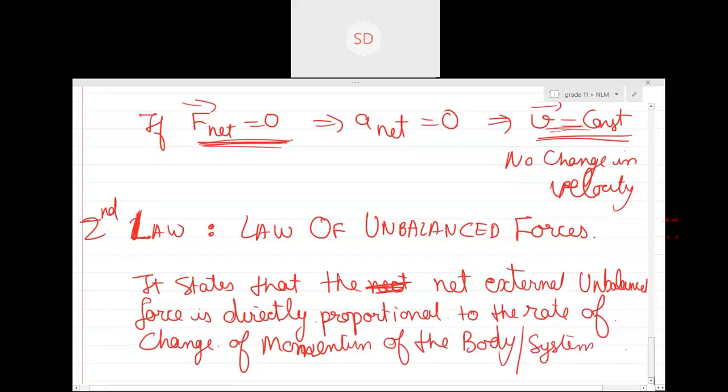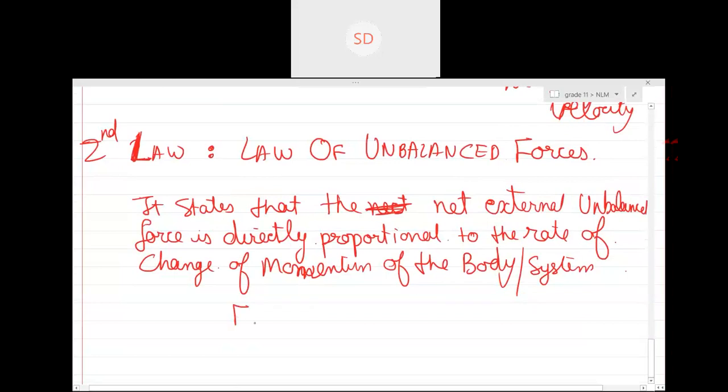Is this clear? So always remember, the net external force is directly proportional to the rate of change of momentum.